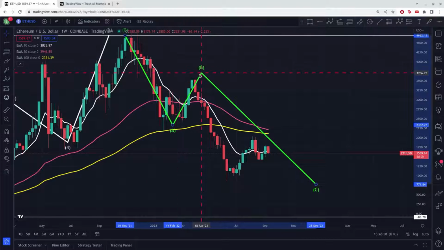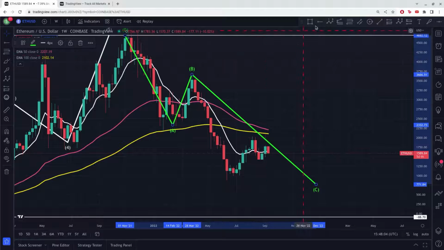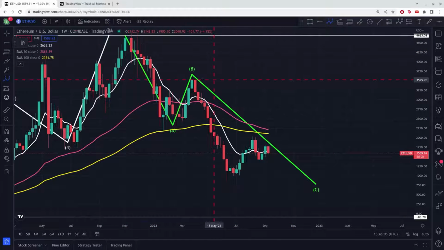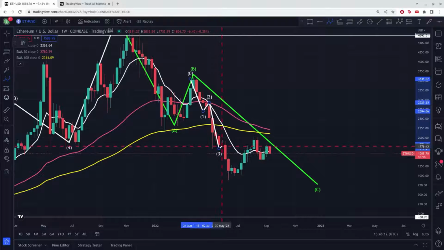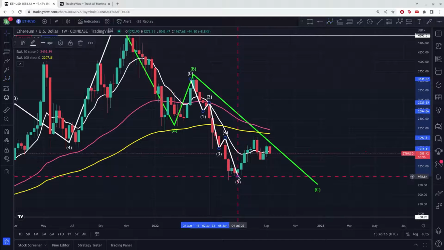So if I get my drawing tool, this is 1, 2, 3, 4, and 5.